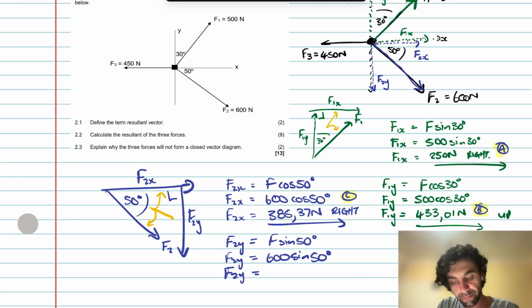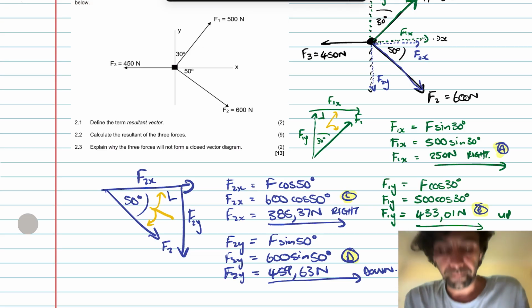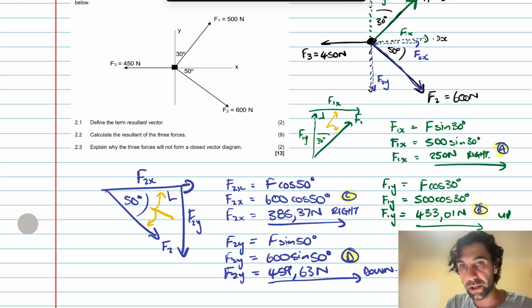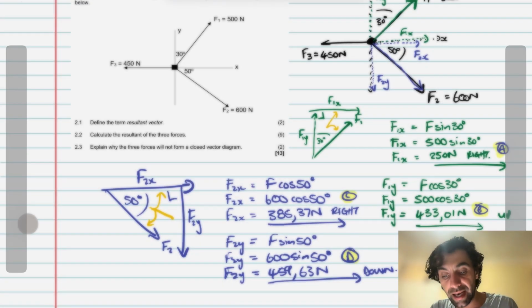So for F2y equals 600 sine 50, we get 459.63 newtons. Which direction is that acting in? It is acting downwards. I'm just going to save that in D on my calculator. And we say it's acting downwards, which means that if we take up as our positive direction, then that is going to become negative when we are dealing with it in just a second.